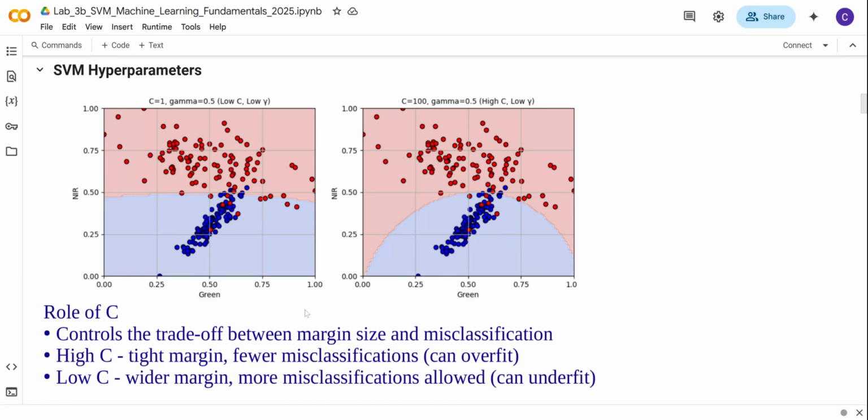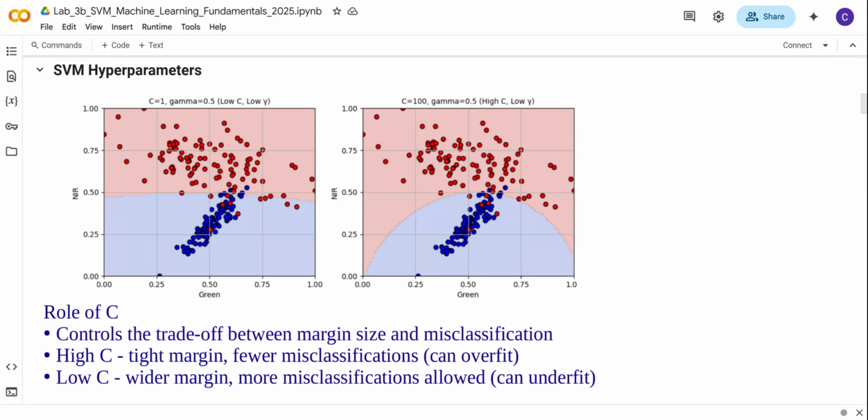We have the regularization parameter, which is called C. This regularization parameter controls the trade-off between maximizing the margin and allowing misclassification.